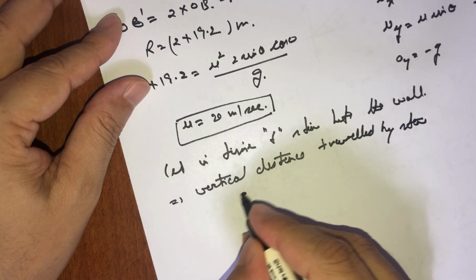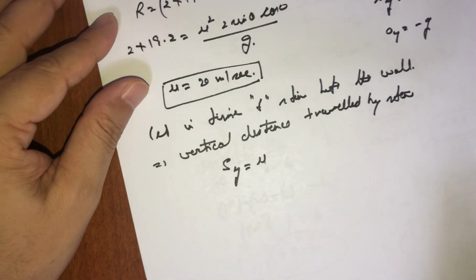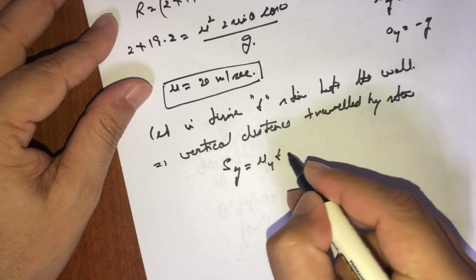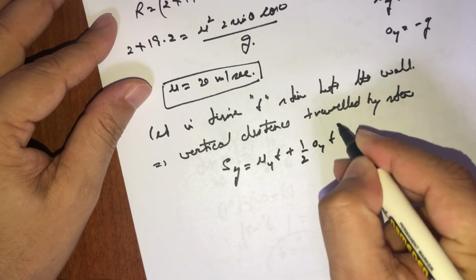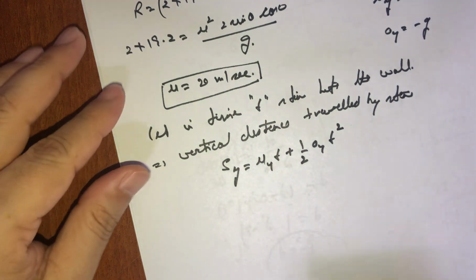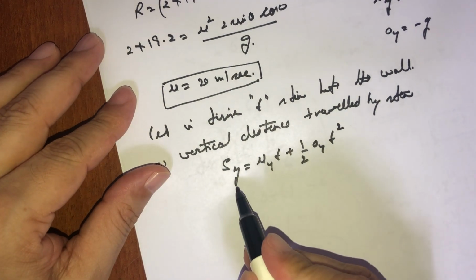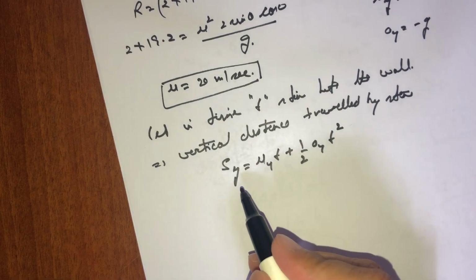So we can say that S of y will be equal to ut plus 1/2 at square. And we already know that the vertical distance at which it hits is 4.